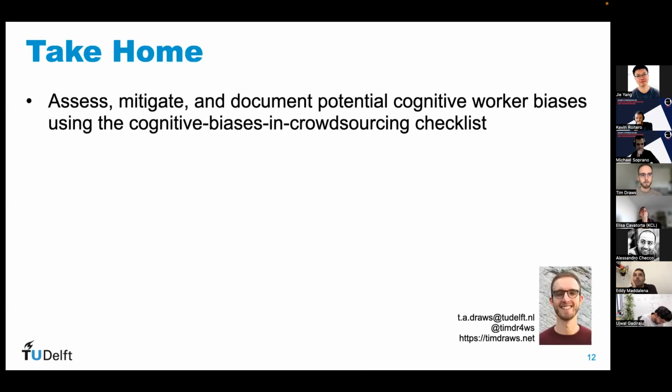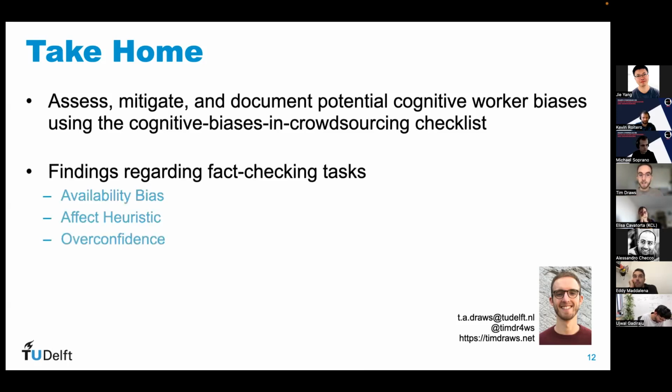To take home, we think that requesters can use this cognitive biases in crowdsourcing checklist to assess, mitigate, and document potential cognitive worker biases in the tasks they design. And we hope that this can help requesters to collect more reliable, higher quality data. Regarding fact-checking tasks, we found evidence for availability bias, for an affect heuristic, and for overconfidence, which does not mean that these biases will always occur in every single fact-checking task or in every crowdsourcing task.